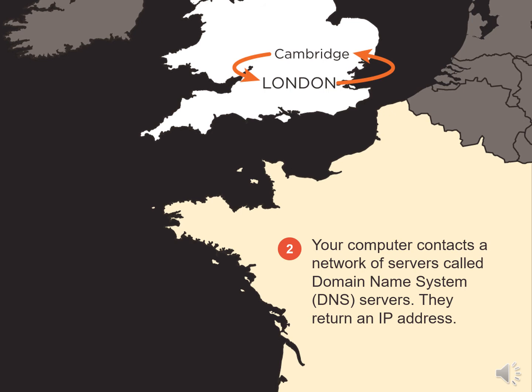Okay? So the DNS, located in London, will provide such a service, and then translate your URL to an IP address. Okay. So after you get the IP address, we can continue to send the request to the server.